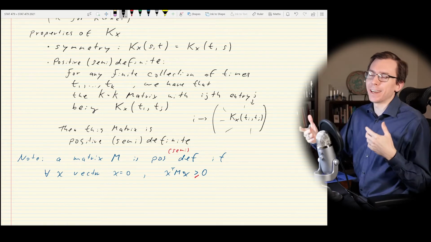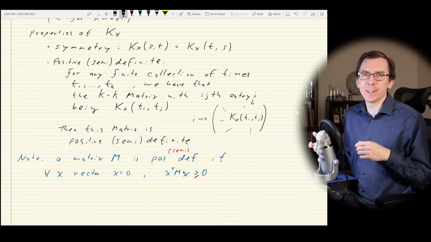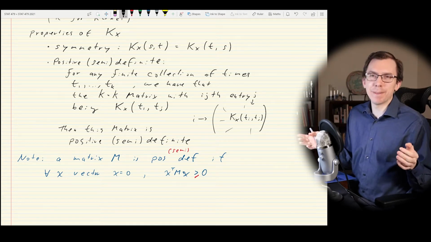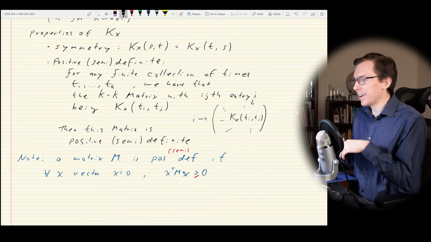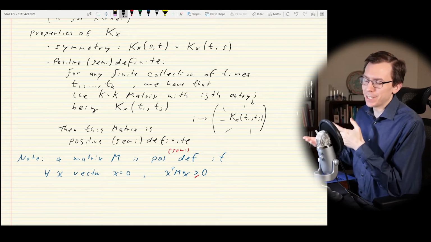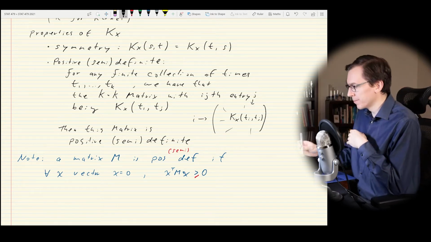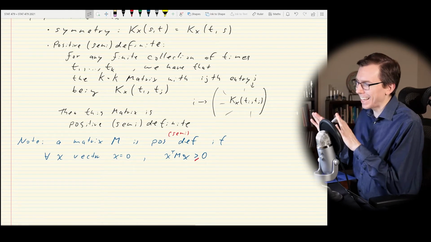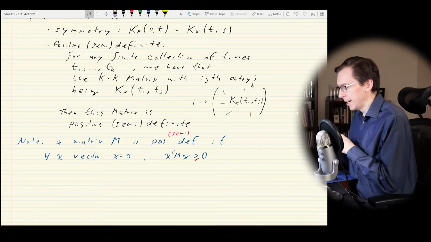And alternatively, a symmetric positive definite matrix is one whose eigenvalues are all positive. With a semi-definite, you might have some 0 eigenvalues in there, or I guess you would if it's strictly semi-definite, depending on exactly how you pedantically define it.